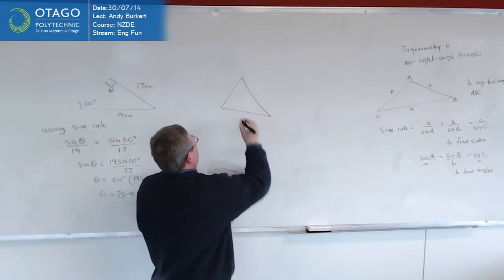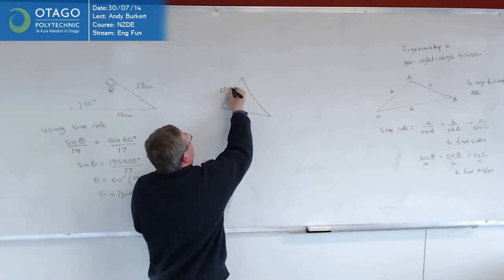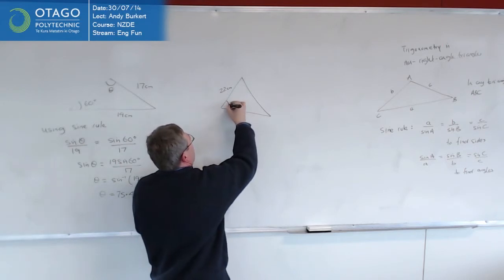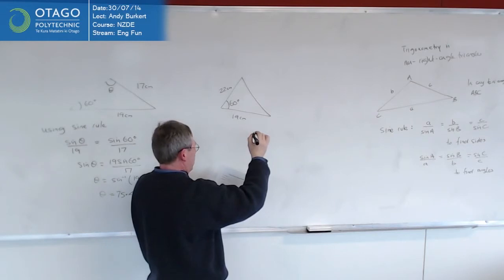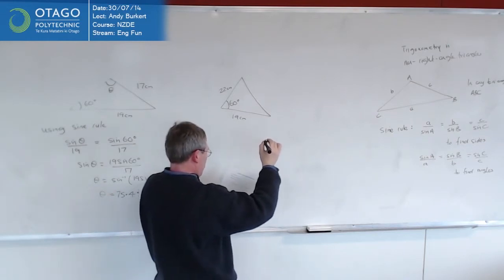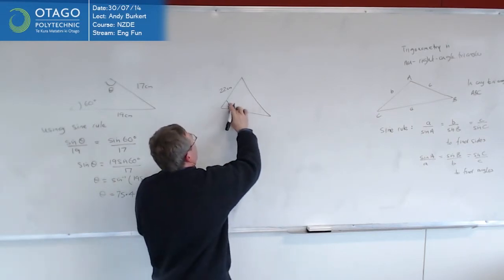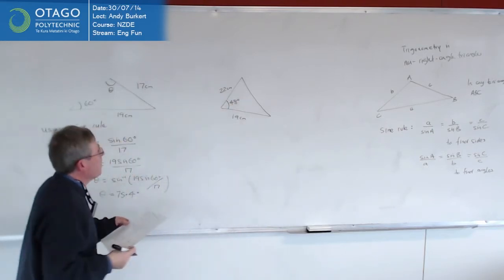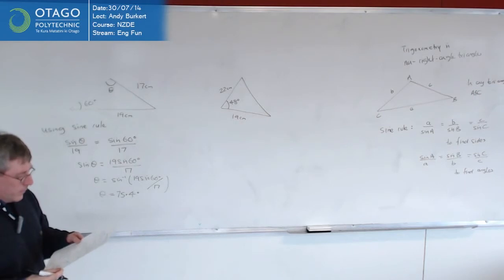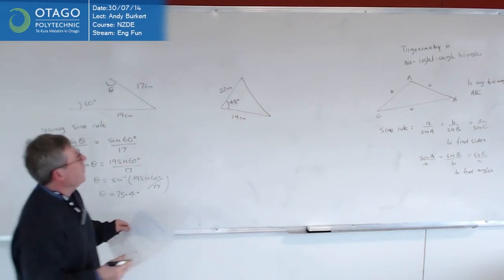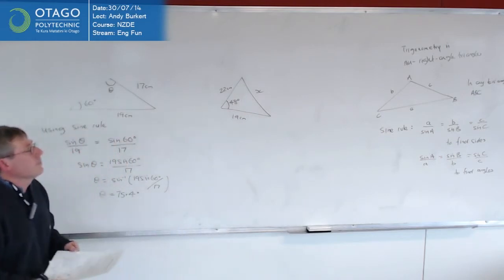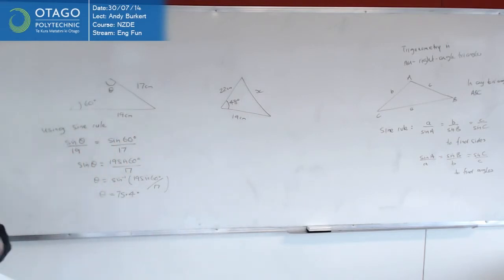So we've got 22 centimetres there, 19 centimetres there, and an angle between them of, sorry, 48 degrees. Read the wrong question. 48 degrees. And we want to find this length there.